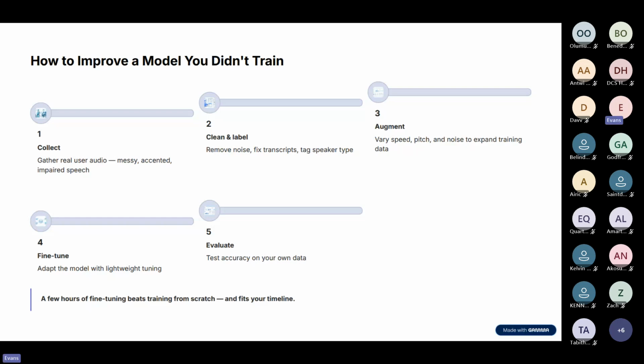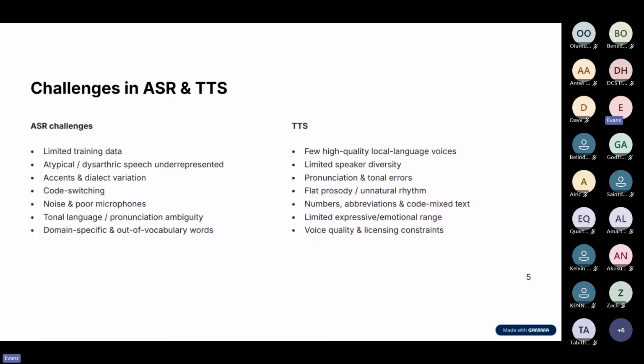All right. Now, since some of you may be new to these fields, ASR and TTS, there may be some things that you may face that you think, oh, my model is not good enough. I have to solve this. I have to do this. I have to check this out.